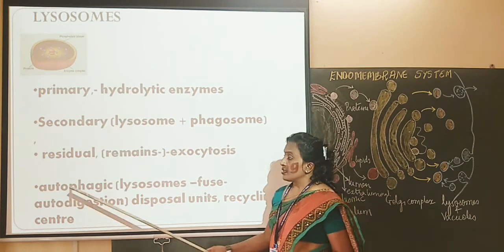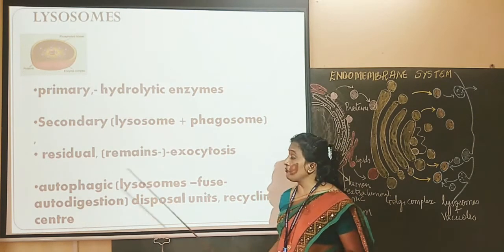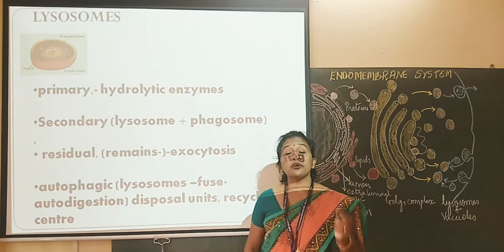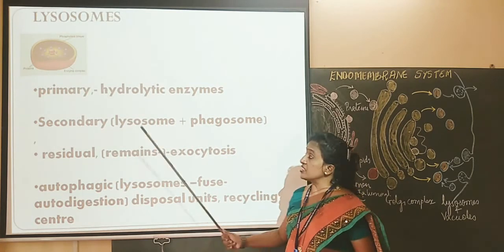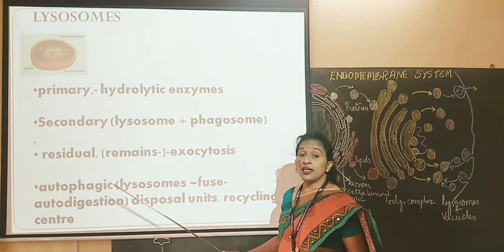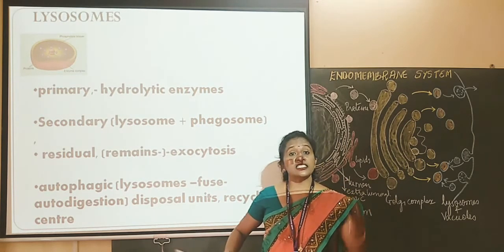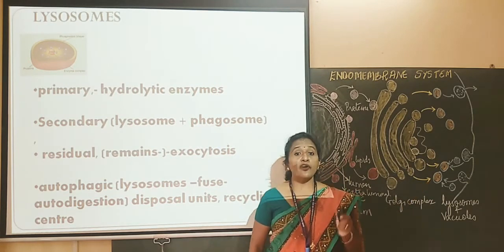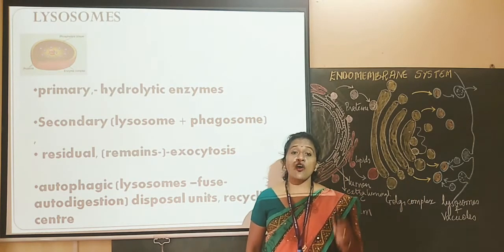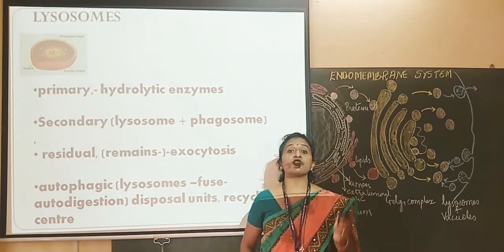The fourth type is the autophagic lysosome. Autophagic indicates autodigestion. That means these lysosomes will directly digest the cell's own material that is present inside the cell, for example any dead cells or organelles which are of no use.